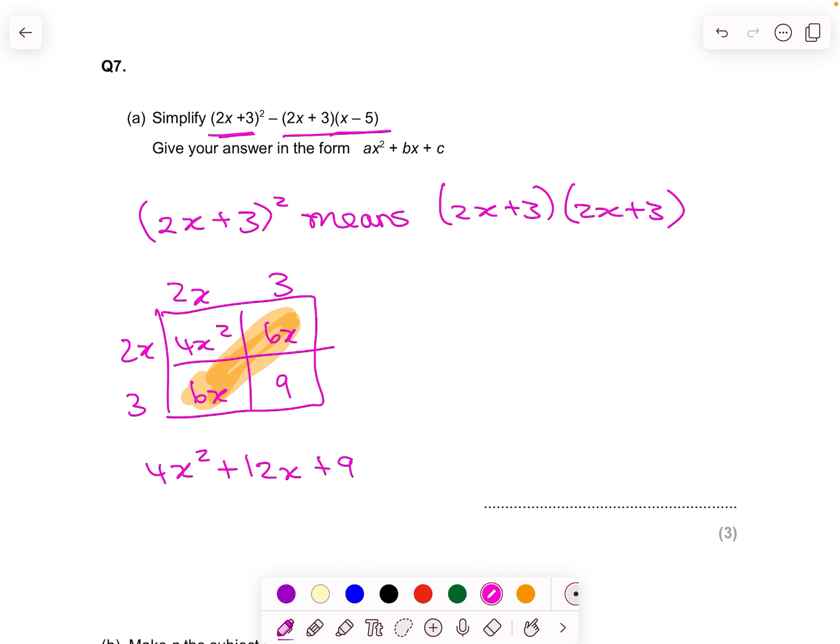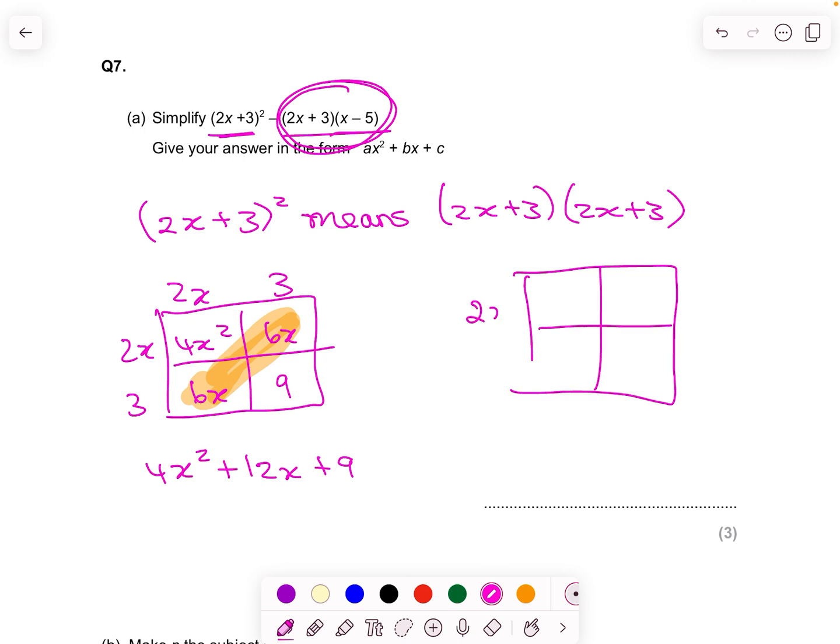Okay, now I need to work out this bit. So again, I'm going to draw a grid and I'm going to do 2x plus 3 multiplied by x minus 5. 2x times x is 2x squared. 2x times minus 5 is minus 10x. 3 times x is 3x.